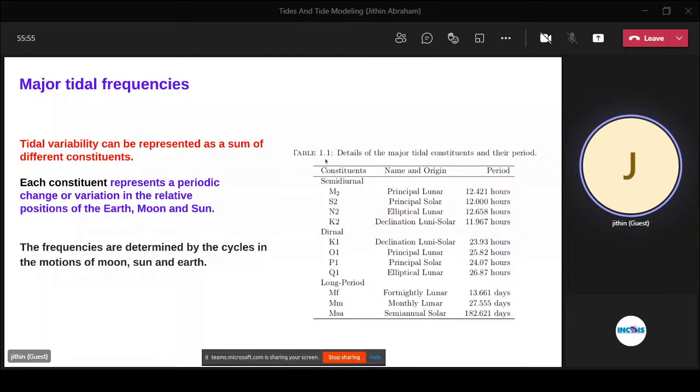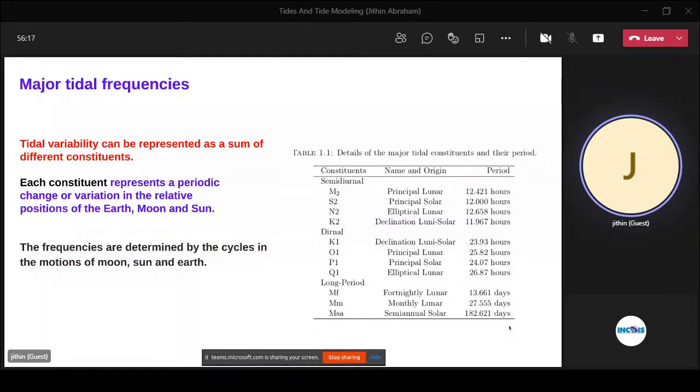Note that these are only the major tidal constituents. There are hundreds of minor constituents, but for most practical applications, these 10 or 12 major tidal constituents are enough to predict the tidal elevations at a particular area.